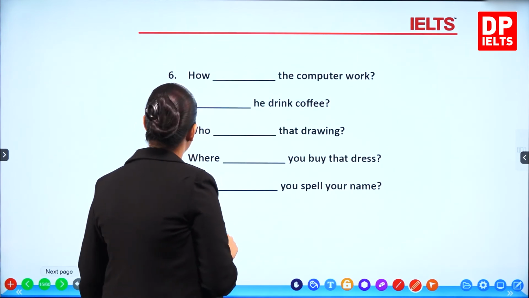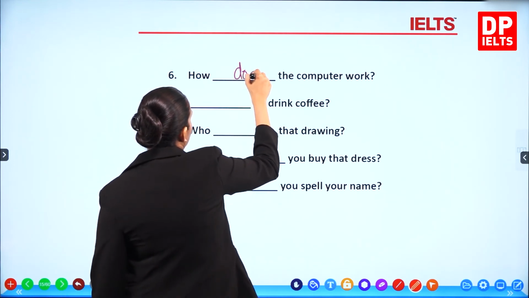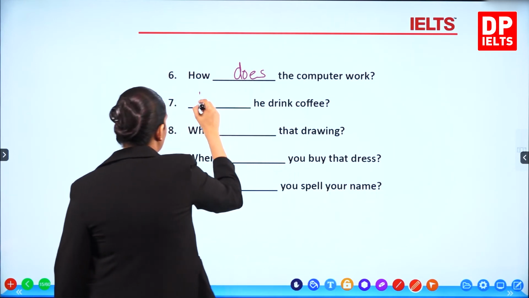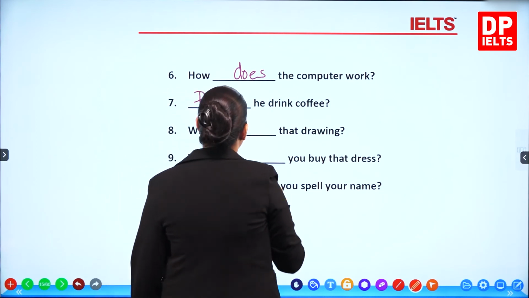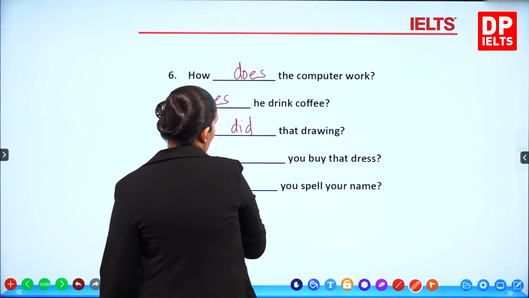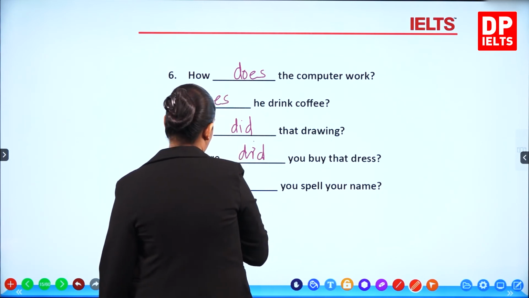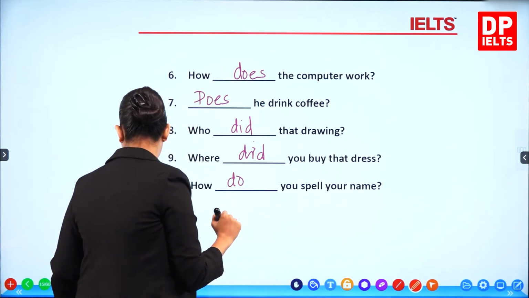How does the computer work? Does he drink coffee? Who did that drawing? Where did you buy that dress? How do you spell your name?